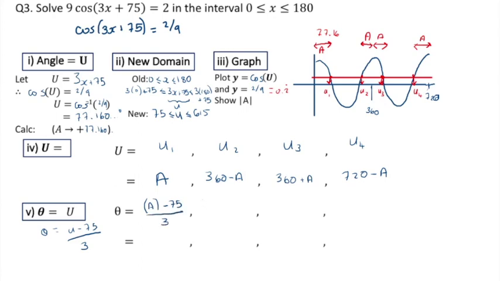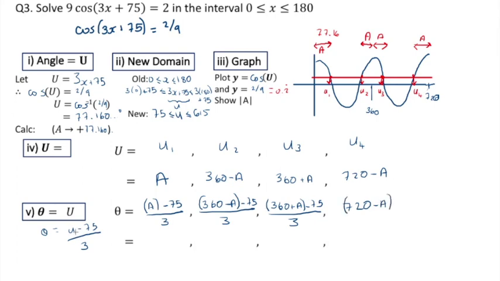Here I've got 360 minus a. I'm going to put this angle in brackets because that's my u value, and I need to minus 75 from that u value. Now for this one, my u3 is 360 plus a, but I need to minus 75 from that u value. And finally, for my last value, I've got 720 minus a, that's my u4.